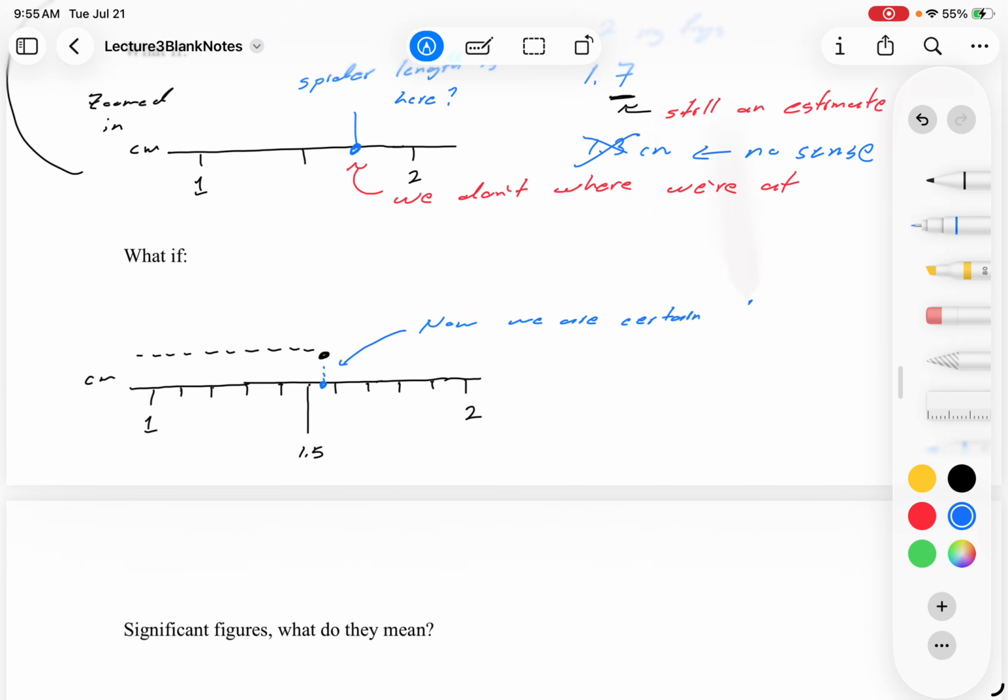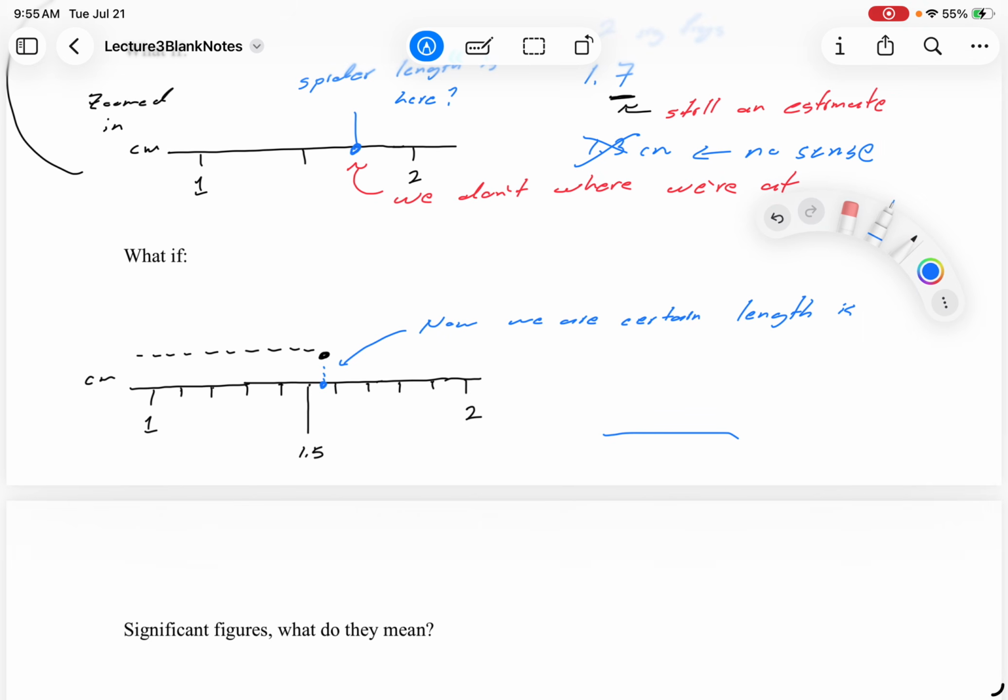We are certain the length of the spider is past the 1.5 mark. We are certain about that, right? So what does that mean? Like I said, we are certain about these two.